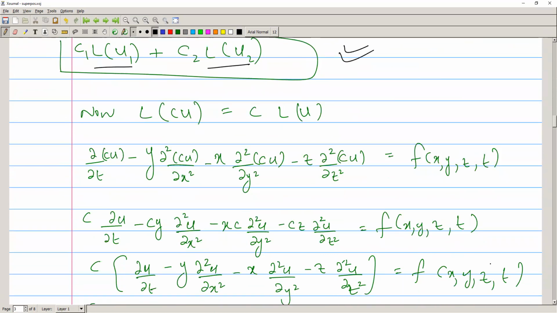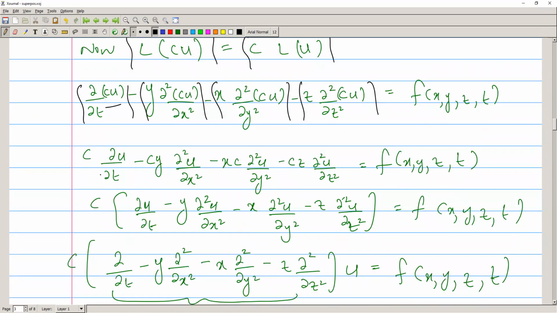This is satisfied. Now we'll apply the second condition, that is L of CU is equal to C times LU. For that, again, we will substitute CU everywhere instead of U. So we have here dou of CU over dou t, and in each of the derivatives, right?